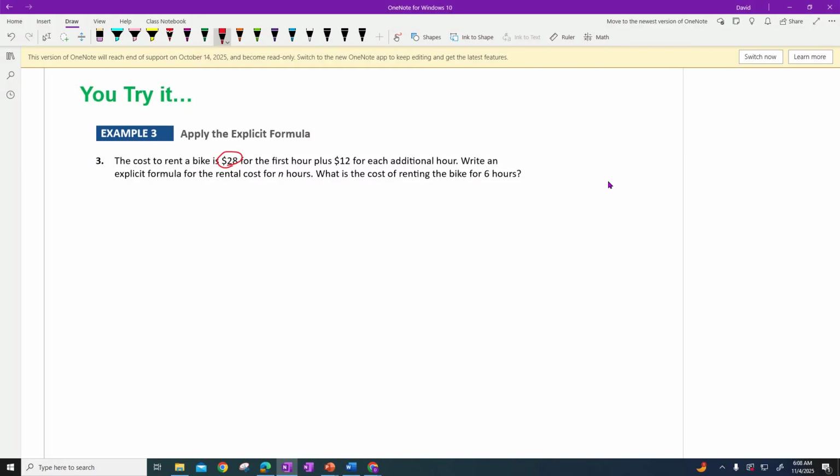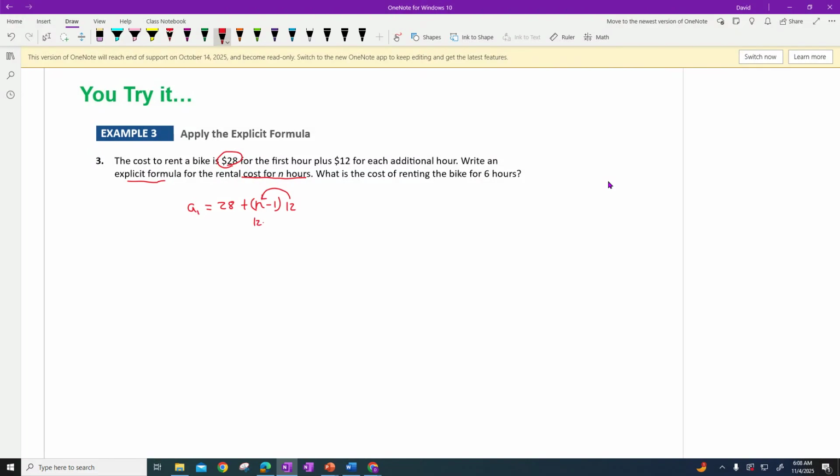If we were to write the explicit formula, we could just do it this way. A sub 1 equals 28. That's my first number in the sequence, plus the number I want minus 1. And I know we're going up by 12 every time. Okay? So, write an explicit formula to find the cost for n hours. So, they said, now I want you to do an explicit formula for n hours, so we have to condense this guy.